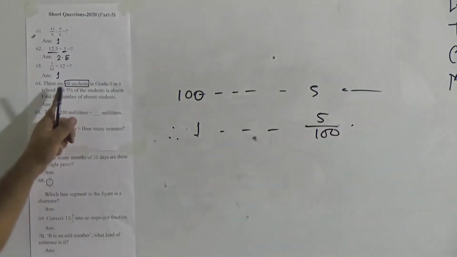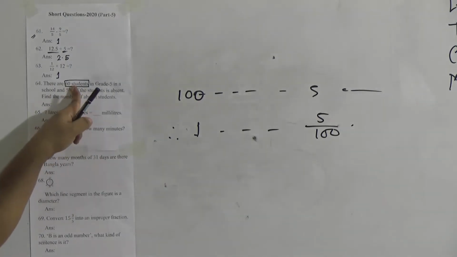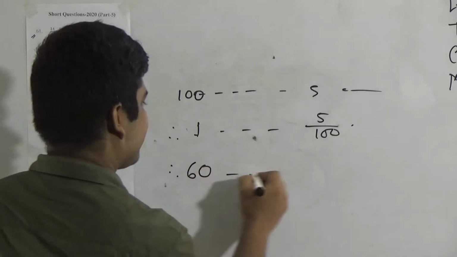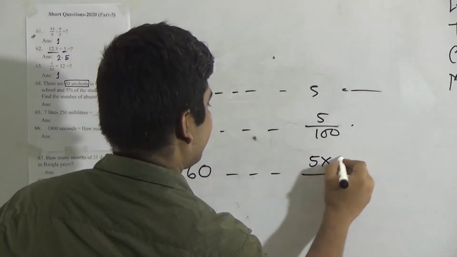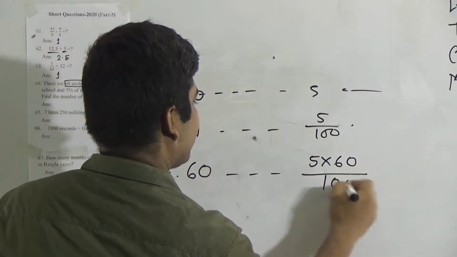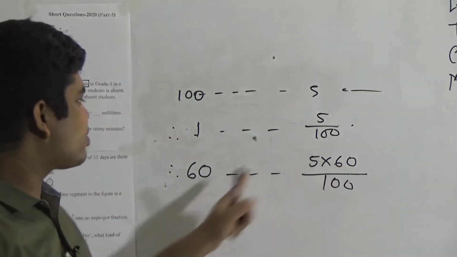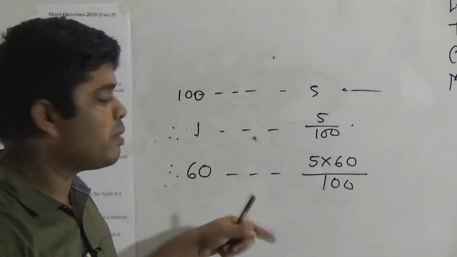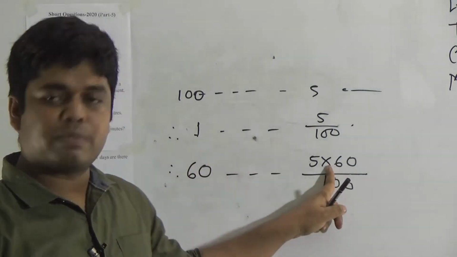Then we need to find out of 60 students how many students are absent. So I write here 60. Out of 60 students the number will be 60 multiplied. Why is this multiplication here? Because we know that 60 students is greater than 1 student. For this reason it will be more, so multiplication will happen.